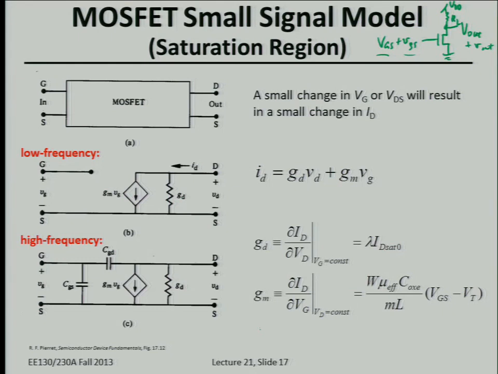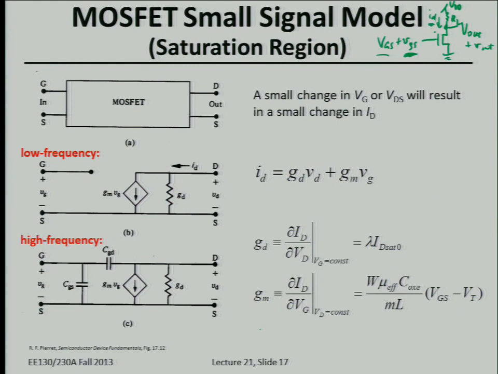Okay, so if we apply an additional small signal gate to source voltage, we will get some change in the output current. So ID, right? If the gate to source voltage is changing due to this AC signal, then the drain current will also have a small change that's time varying.